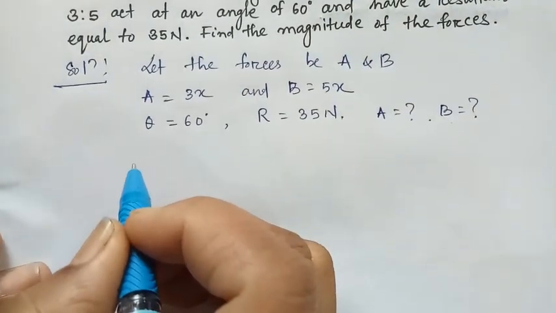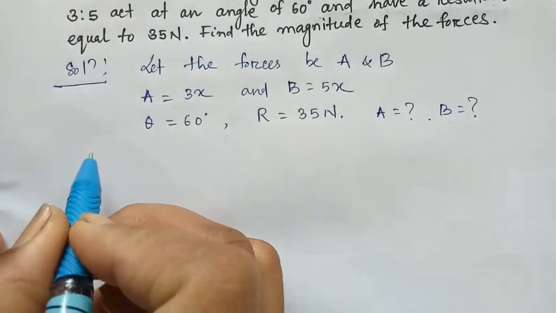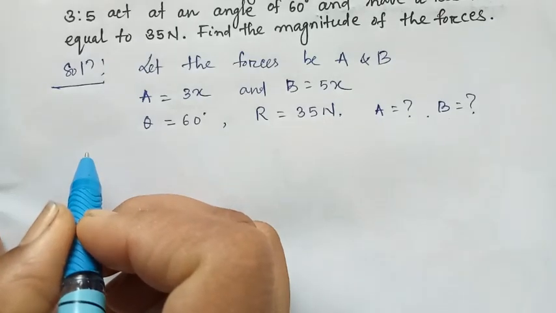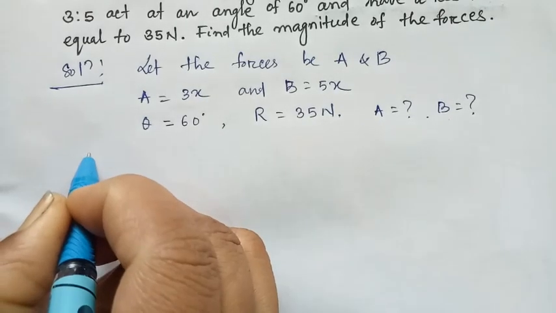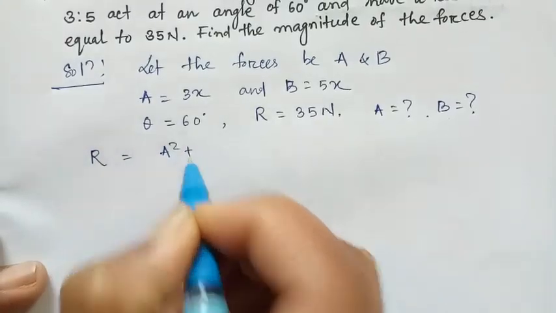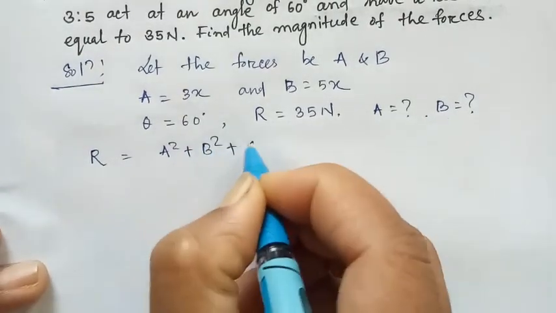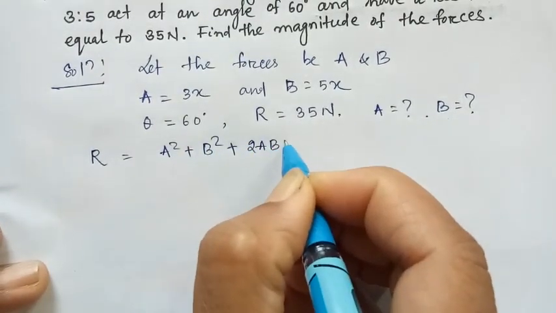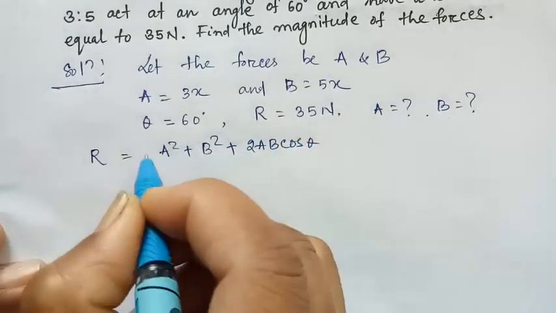So from the triangle law of vector addition, or you may say from the law of vector addition, resultant is equal to root over A square plus B square plus 2AB cos theta.